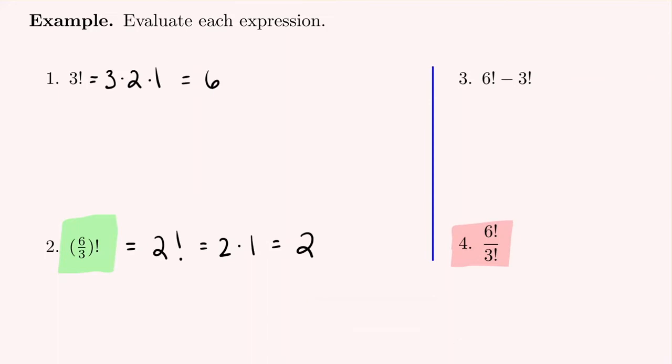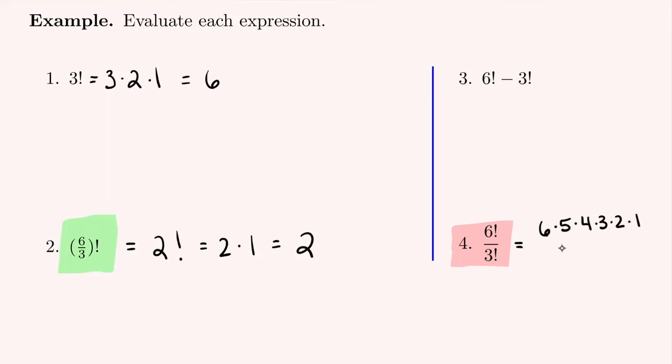Now I'd encourage you to attempt example 4 here, pause the video and work on this on your own, and then unpause to check your work. There's a few approaches here. Remember that we can write out what 6 factorial is, figure out what 3 factorial is, and then divide them. I personally prefer to just write it out and then cancel any common terms, and then that makes my calculation simpler.